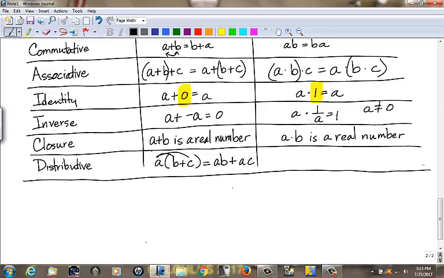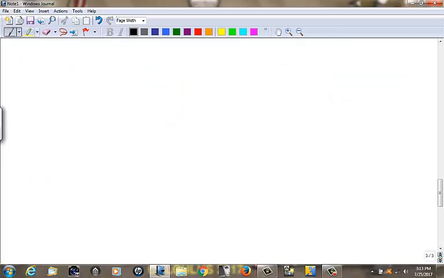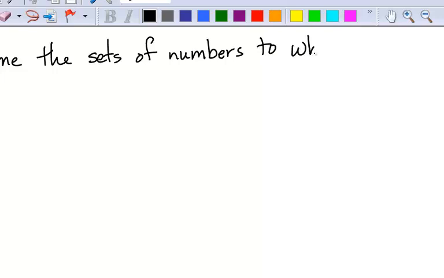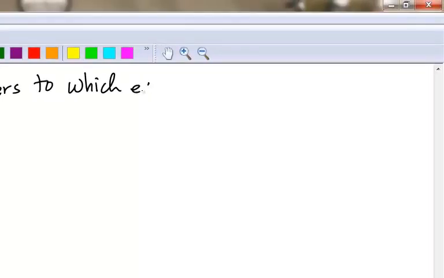Now let's look at when they give you a number and they want to know all the sets that it belongs in. Name the sets of numbers to which each number belongs.